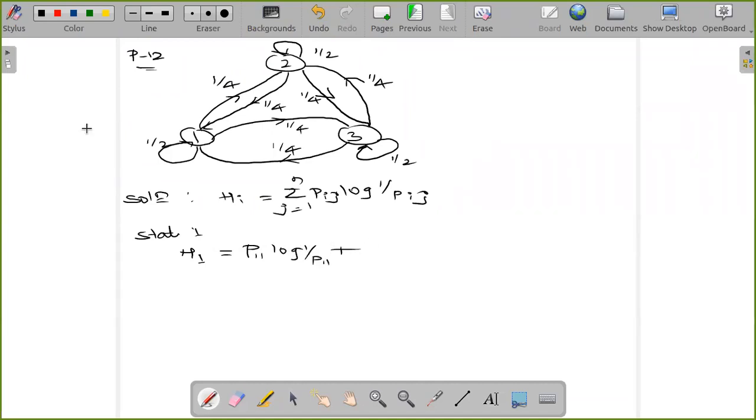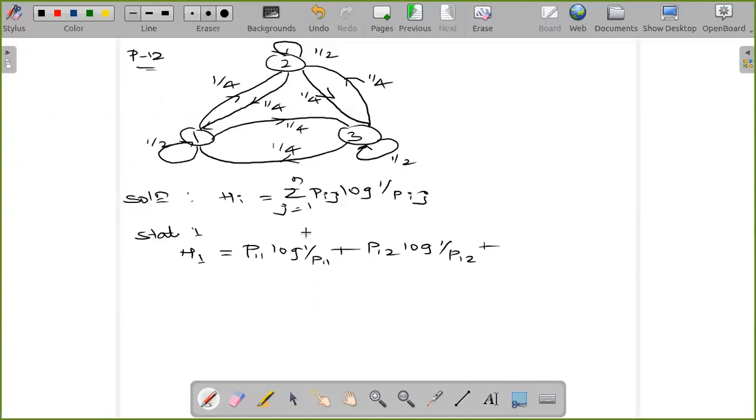Is there any connection between 1 to 2? We should check that also. From state 1 to state 2, is there any connection? Yes, of course. It moves from state 1 to state 2 with the probability of 1 by 4. So we need to take P12 also: P12 log 1 divided by P12.